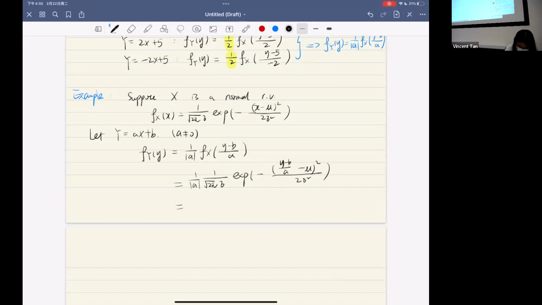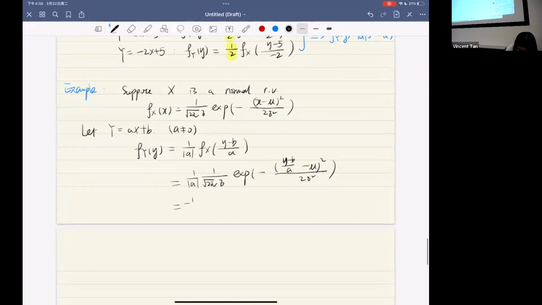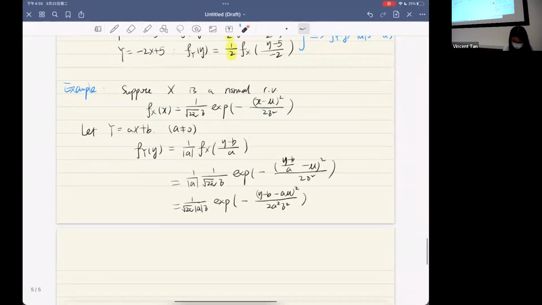Simplifying this term, we obtain the following. We can see that this PDF looks very similar to this one.